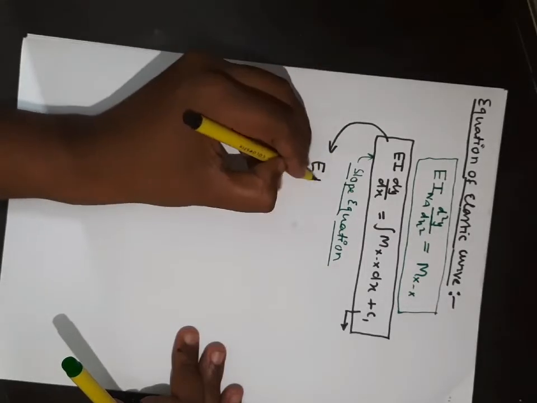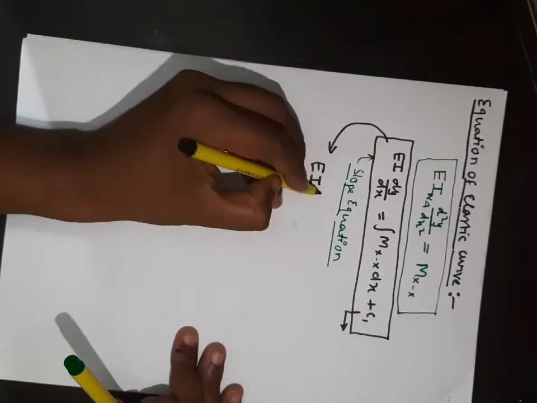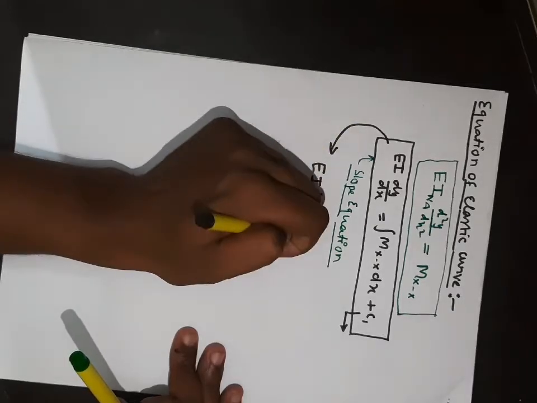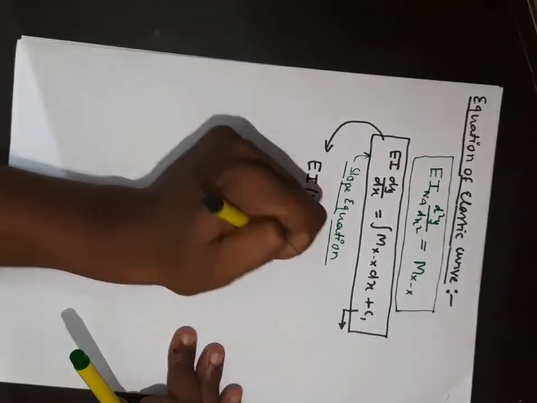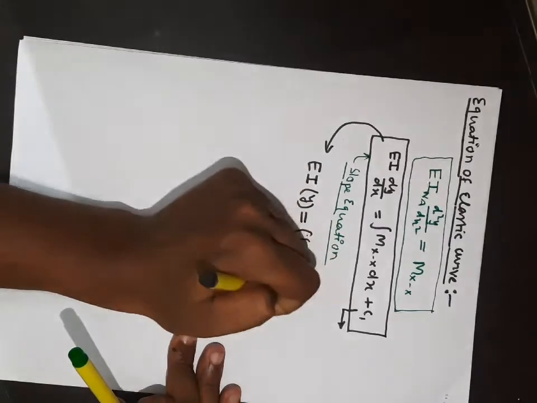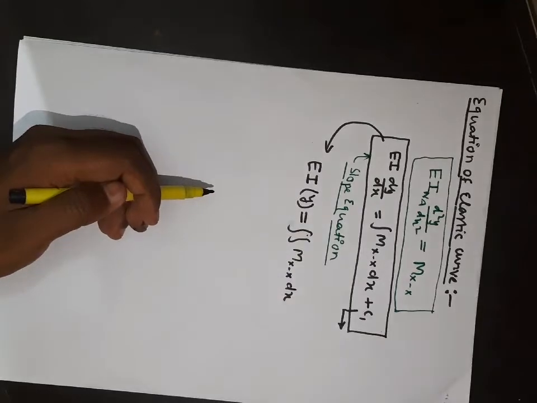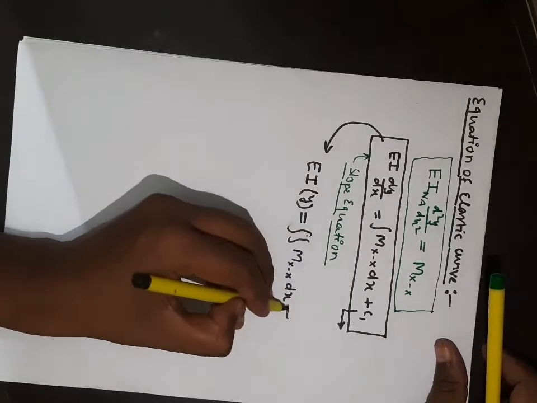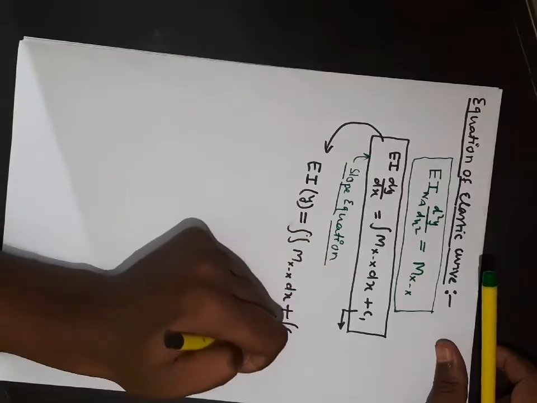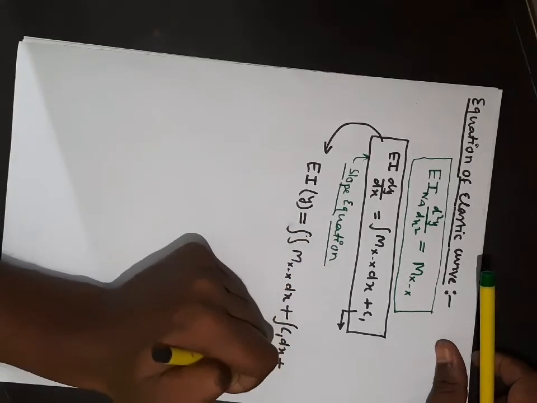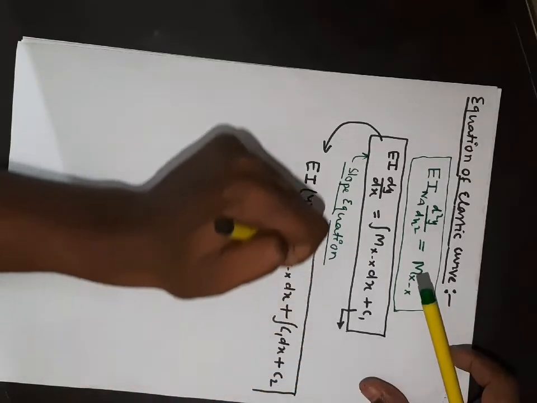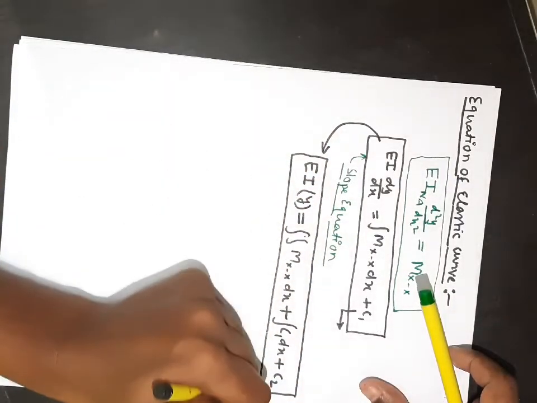you will get EI y equals the double integral of M dx dx, plus the integral of c1 dx, plus the integration constant c2.